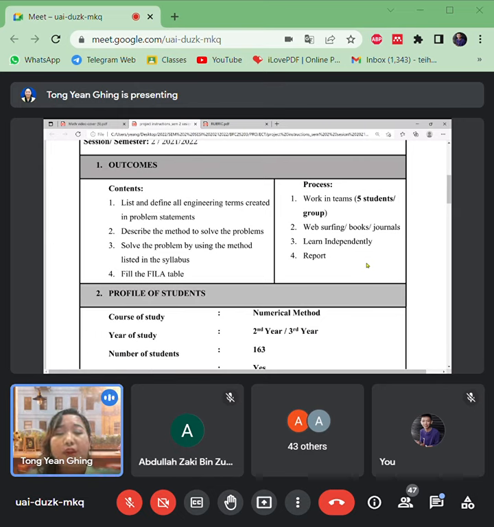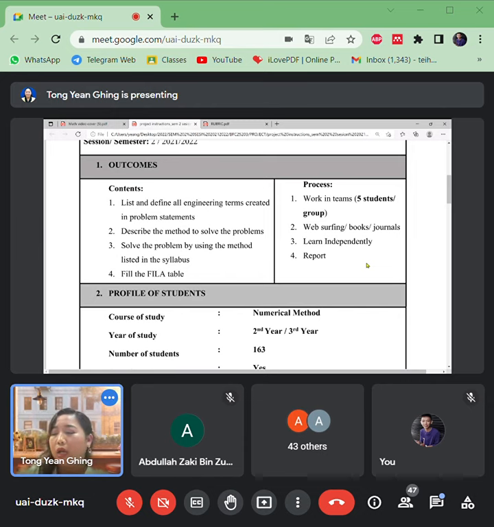And you also have to fill out the table. For this project, you have to work in a team, 5 students maximum in one group, but I assigned a few groups that have 6 members. And you can search from the internet, from books, or any journal articles.